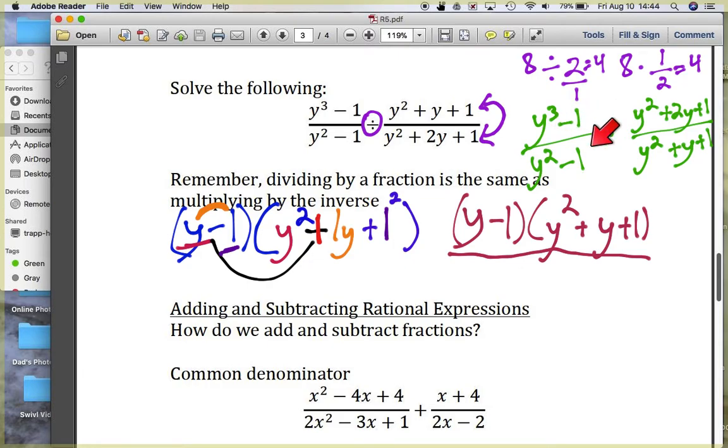Y squared and 1 is technically 1 squared. So remember that automatically can factor to y and a y, a 1 and a 1. And then the only trick is to remember that the signs have to be opposite. Okay, so that's the factoring of this first piece.